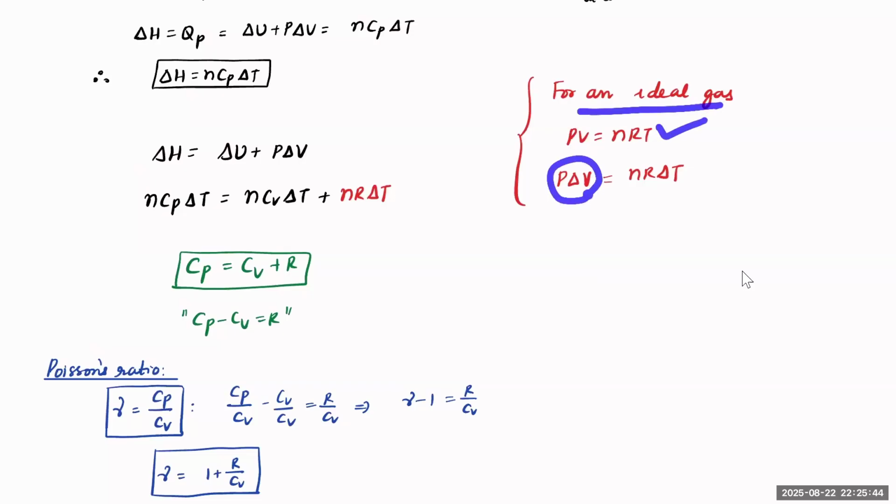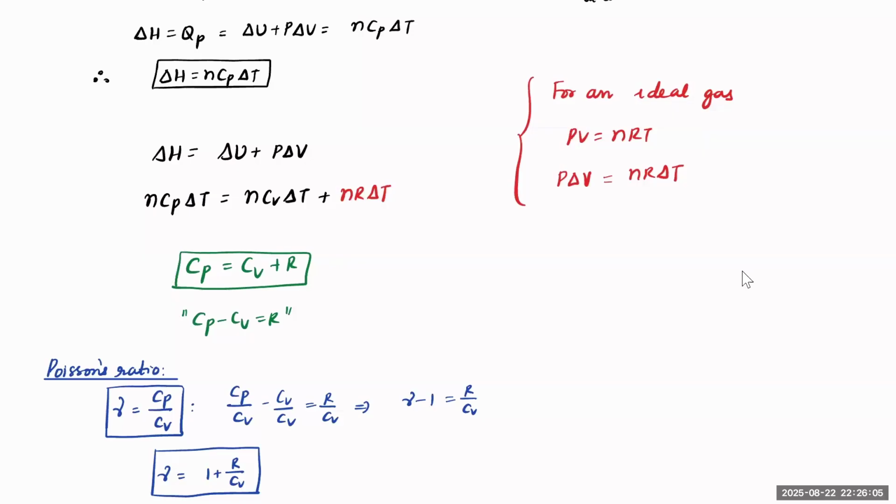And at constant pressure, the only change is volume change, which should correspond to the temperature change. Thus, P delta V can be written as nR delta T. Now you can notice delta T, delta T, delta T will get cancelled. n will get cancelled. So what is left? Cp is equal to Cv plus R.